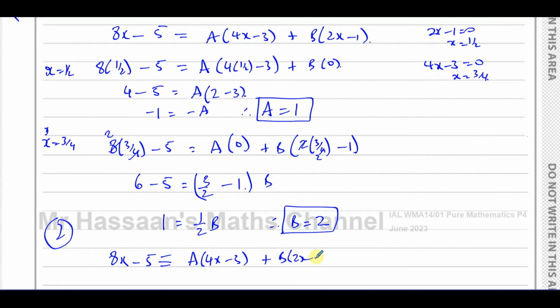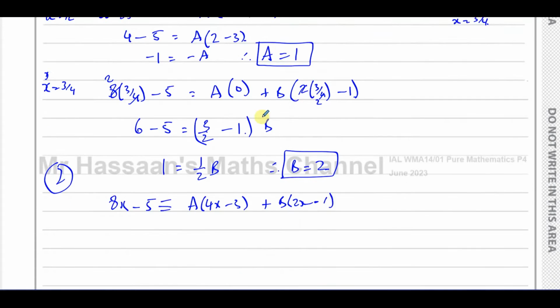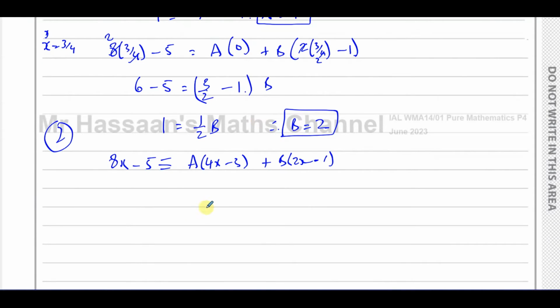So one way we can do it is we can compare the coefficients of the constants. If we look at this side, the highest x term is x to the power of 1. So if you compare the coefficients of x on both sides of this equation, or this identity, you have 8x on this side, and on this side, you have 4ax plus 2bx.